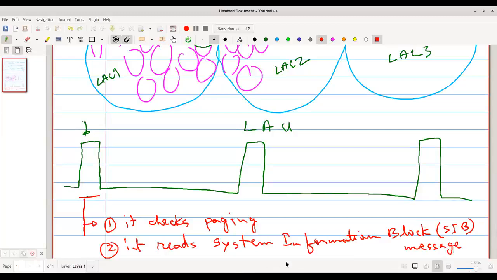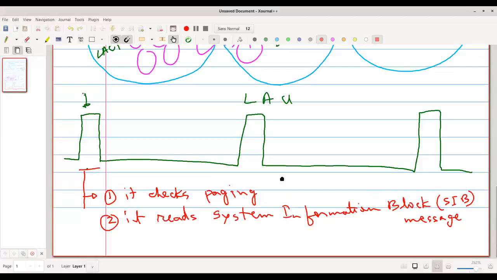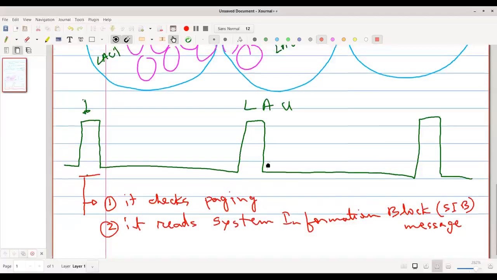There are many different SIB types. Each SIB type includes a number of fields, and on these fields there are different parameters, so the network can set different parameter values on the SIB messages.